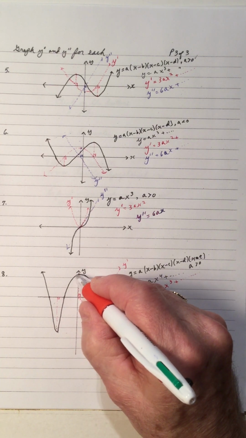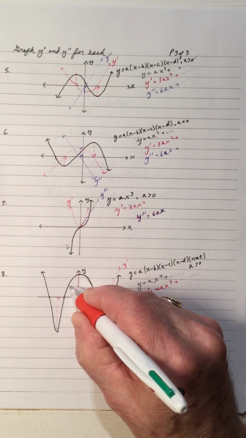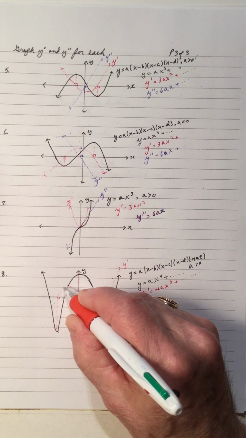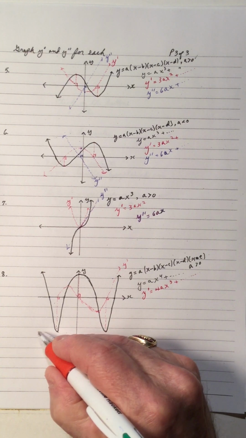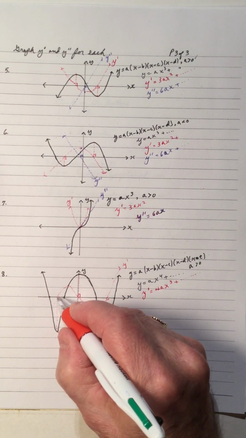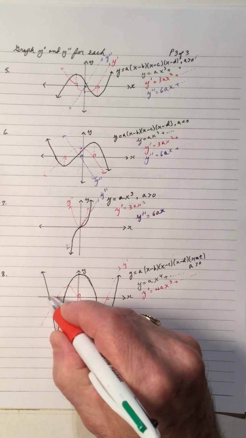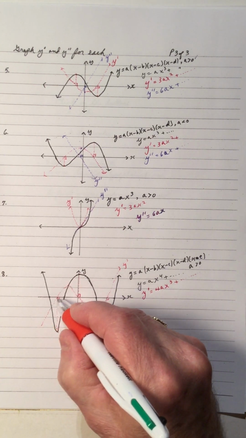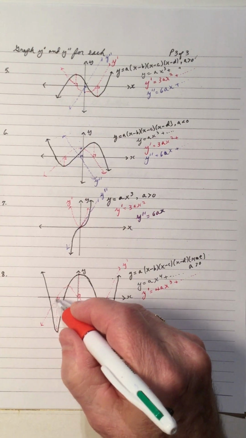So that means all these positive values are here, like this. And on this side of this point, right here, this is a negative. So it comes on down here, negative. So again, the slope is negative. So these are the values that are going to be negative down below.